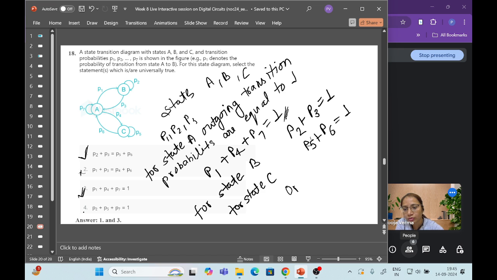Now check the next one, P2 plus P5 plus P7. These are incoming probabilities at different states, so that cannot be correct. So only options 1 and 3 are the correct options for this question.